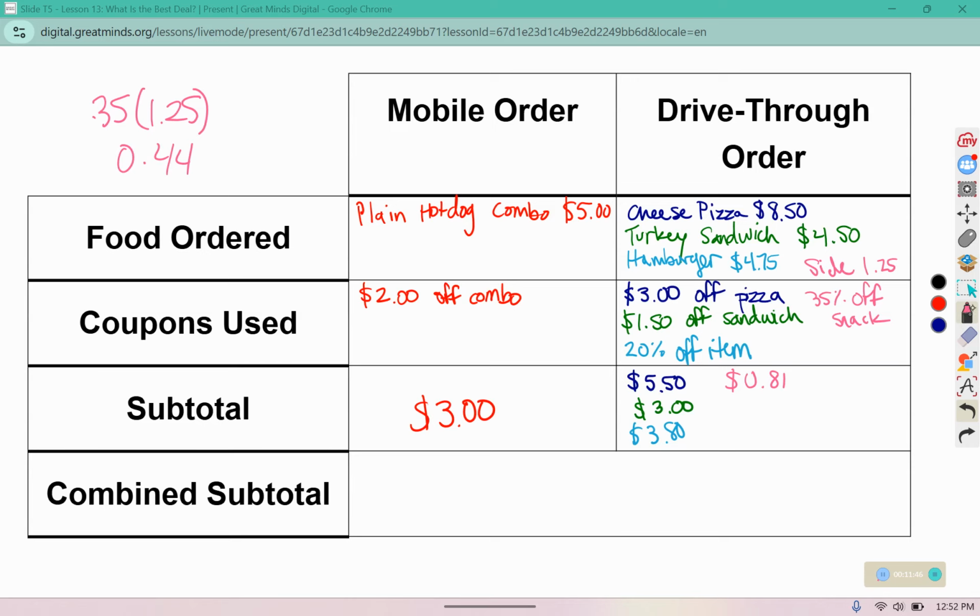Okay, and then we need a side 2. And the other coupon that we can still use is the 10% off of a regular item.